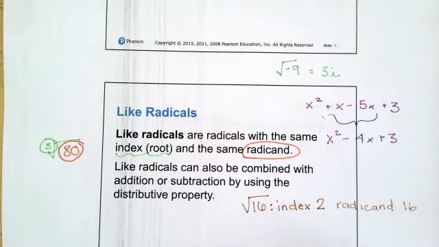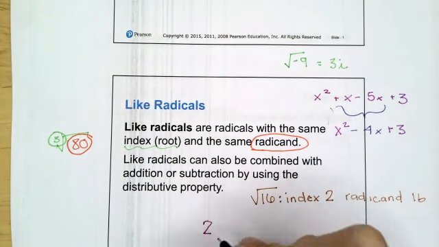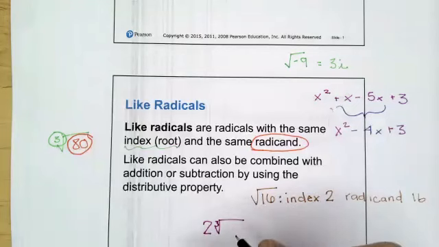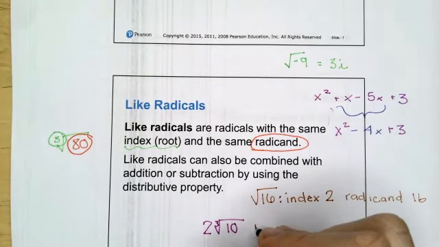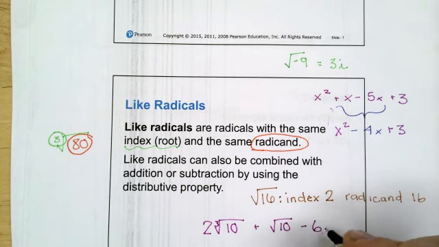All right. So an example would be 2, there's a number in front of it, 2 times the cubed root of 10 plus the square root of 10 minus 6 cubed root 10.